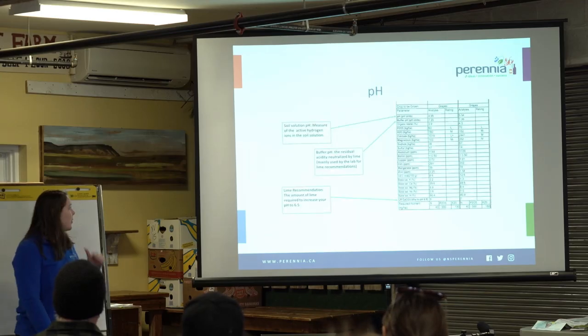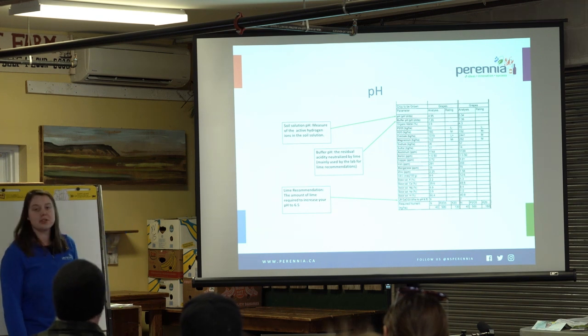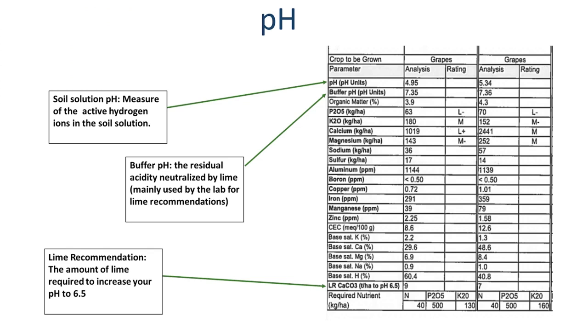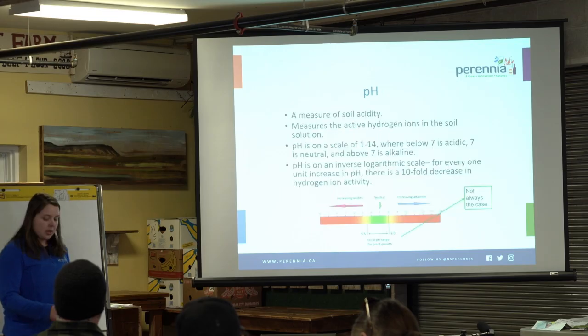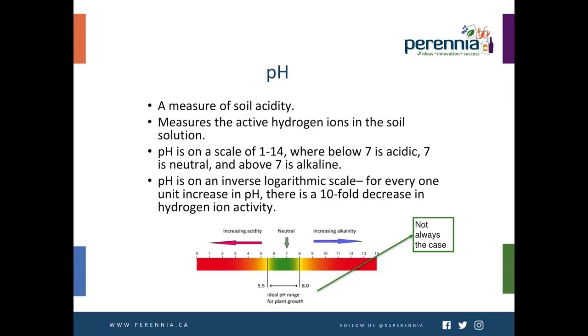So first one, we're going to talk about pH. If you're unsure where your pH is on your soil test report, it's number 1. So you have your pH, buffer pH, and your lime recommendations, which all have to do with your pH. So what is pH? It's your measure of soil acidity. It measures the active hydrogen ions, so your positively charged hydrogen ions in the soil solution.